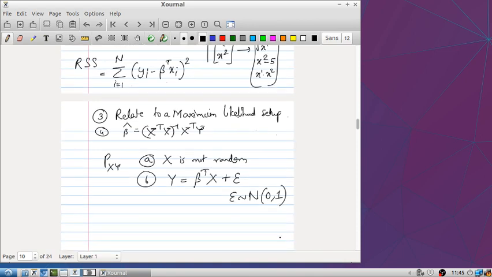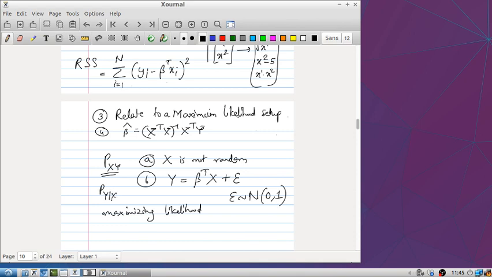Under this assumption, there's this notion of maximizing likelihood. Since x is not random, I don't want to work with the joint distribution because there's nothing like that. So I'm going to work with p of y given x.